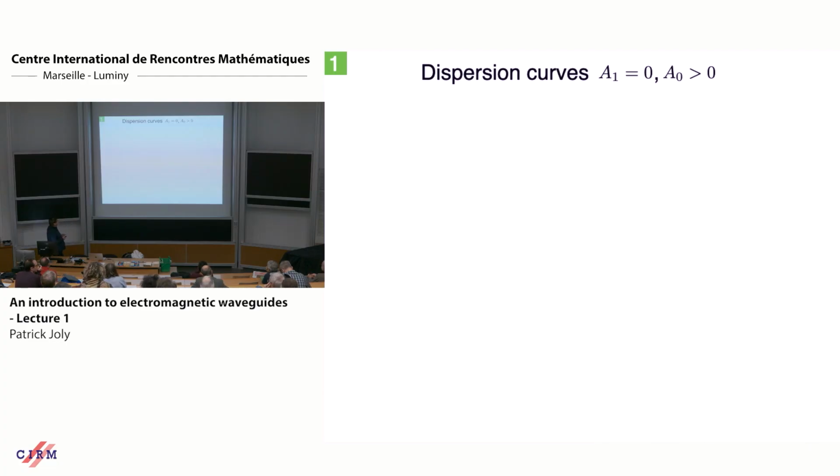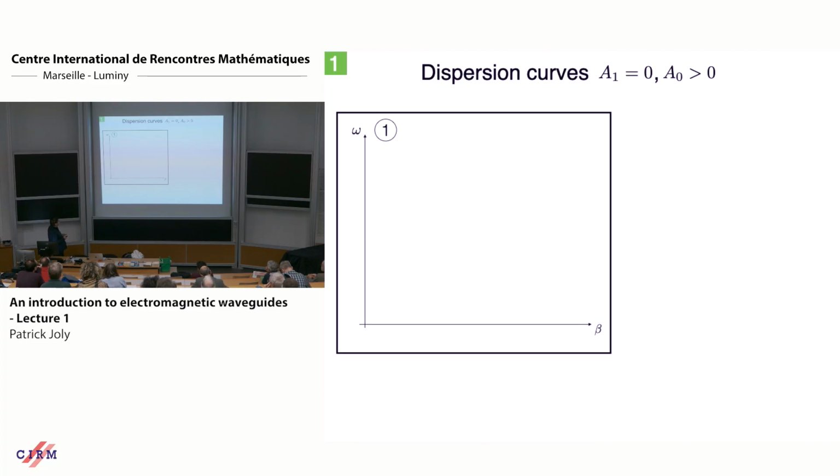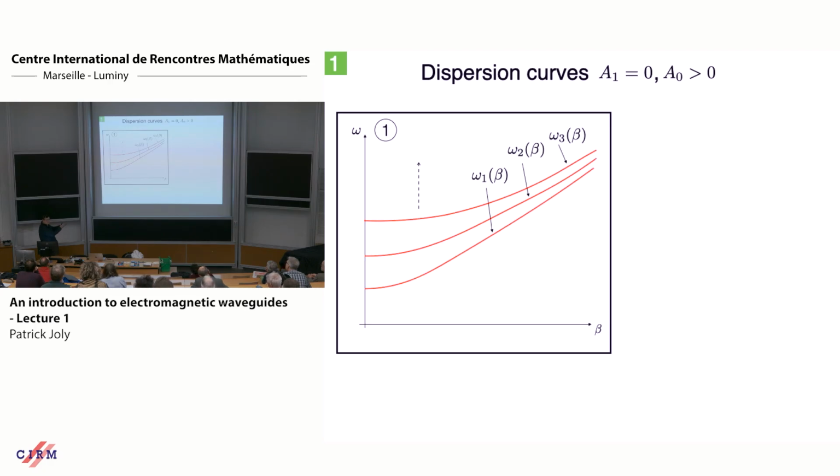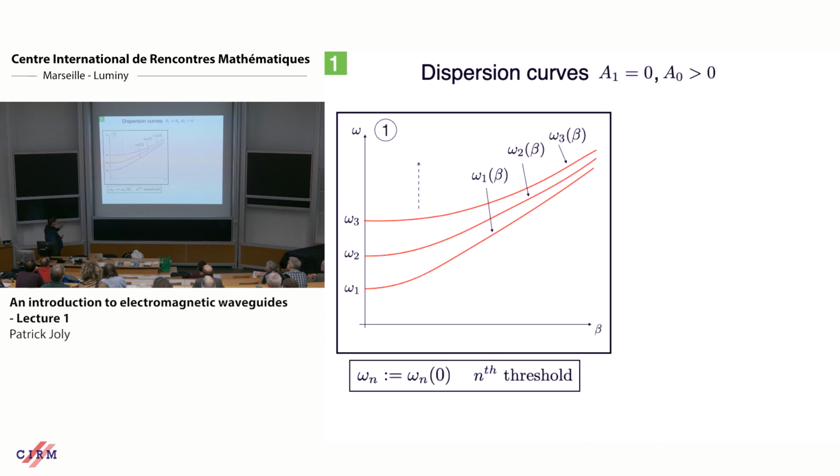So just to illustrate this by dispersion curves, for the first point of view, find beta as a function of omega. Here I plot the functions omega n of beta. It's not a real plot, it's an idea of what the dispersion curves look like. There is an infinity of them that go to plus infinity. They start at so-called thresholds that also go to infinity.